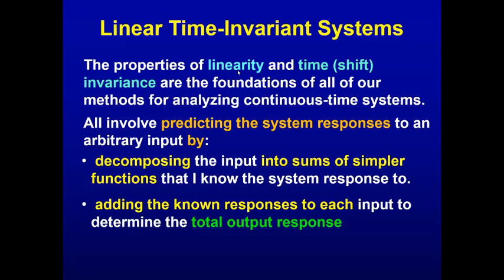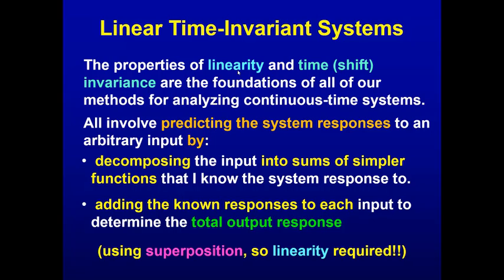Take a complicated signal, describe it with a collection of simple signals whose responses I know or can find easily. And if I can describe my input as a sum of weighted and shifted simple functions, the output is nothing more than a sum of equally weighted, equally shifted simple function responses. That's true if I have a system that's linear and shift invariant, because superposition holds for those systems and time invariance holds for those systems.